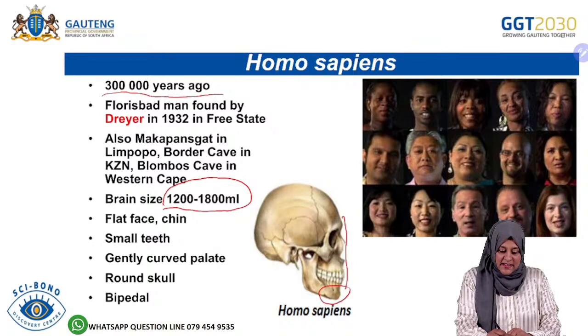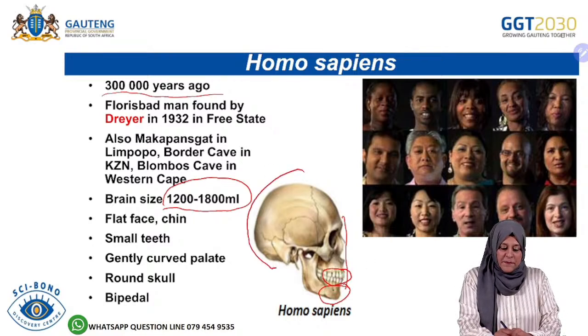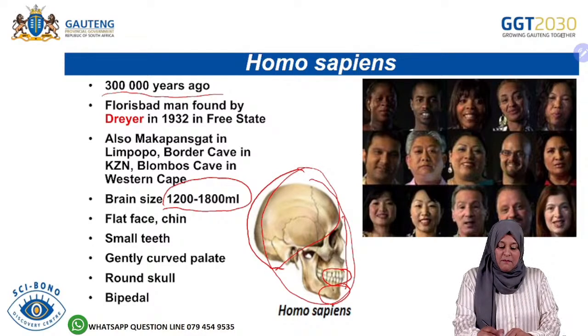There is a distinct chin, small teeth, a gently curved palate, a round cranium, right? And a more rounded skull here, bipedal and short arms, right? So what you need to understand is this entire structure here is the skull, and just this top part here is the cranium.